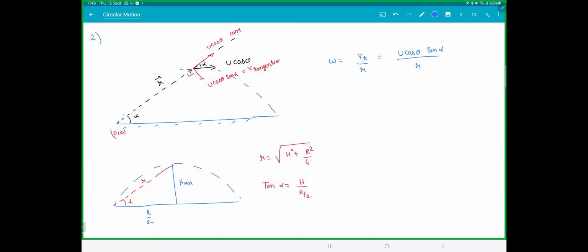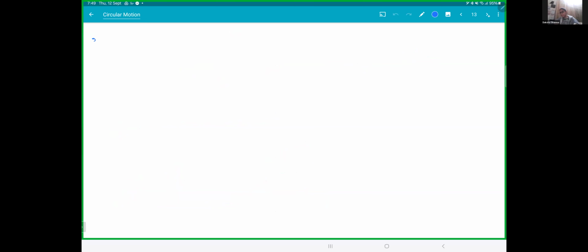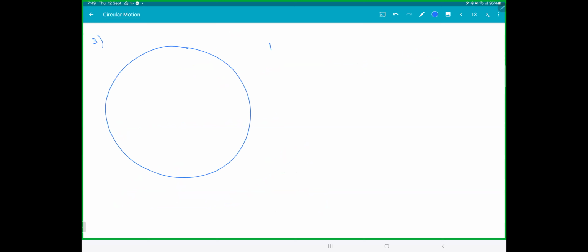Clear? Okay, sir. Let's see one more, something a little more simple. A particle is going in a circle with speed u. The particle is somewhere here, going with speed u.